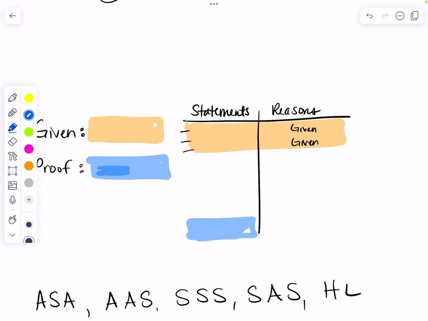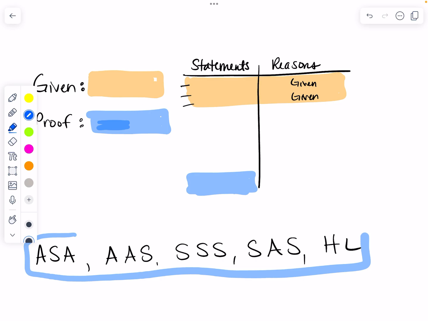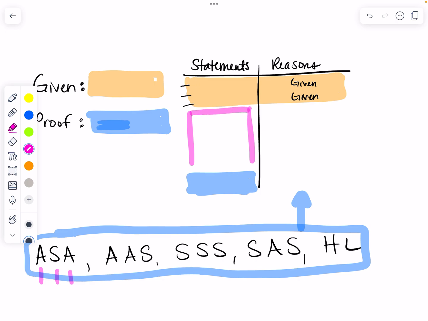For these proofs, your why will always be one of these. This is also a lovely thing because these are your checkpoint for what you've talked about in your body. If you're going to say angle, side, angle, then you should have 3 congruency statements: an angle statement, a second angle statement, and a side segment.